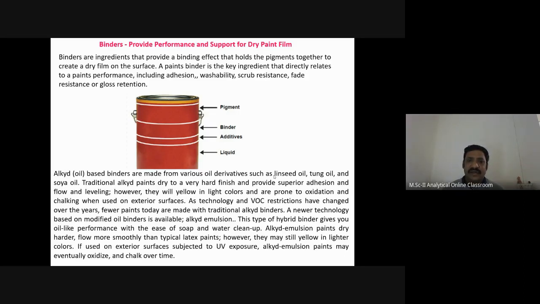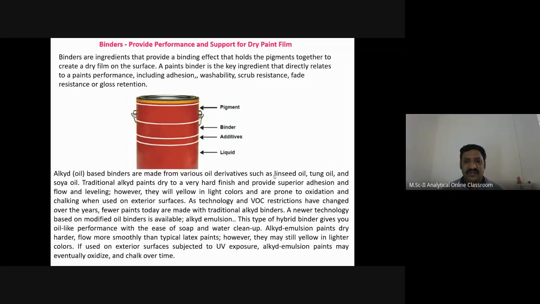However, they will yellow in light colors and are prone to oxidation and chalking when used on exterior surfaces. So these are the properties of the different binders. If exposed to light, what is the effect on it? If it is in the dark, how does it perform?